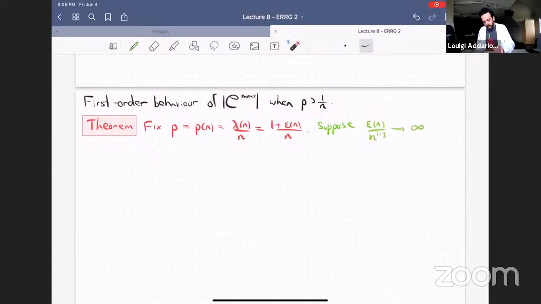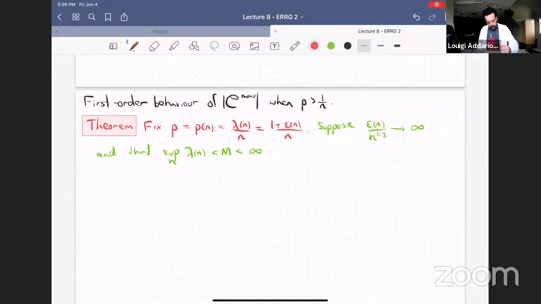So precisely just above the regime handled by the theorem I stated just before. And I'll also assume that the numerator here is bounded. Okay, so there's some absolute constant m such that the numerator stays at most m.